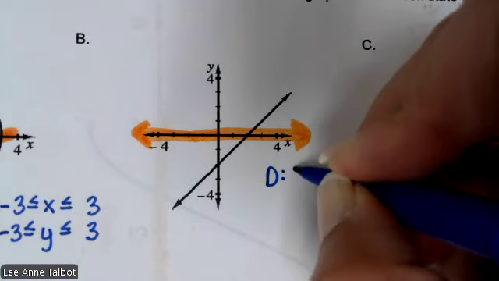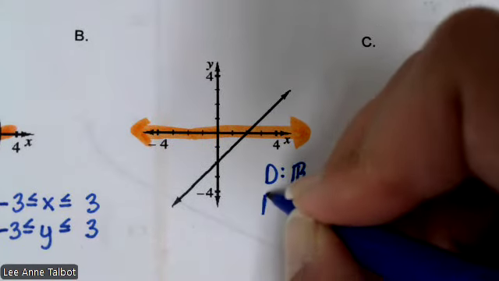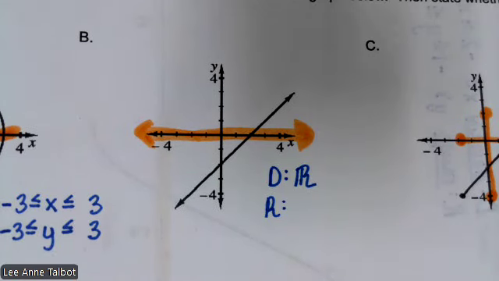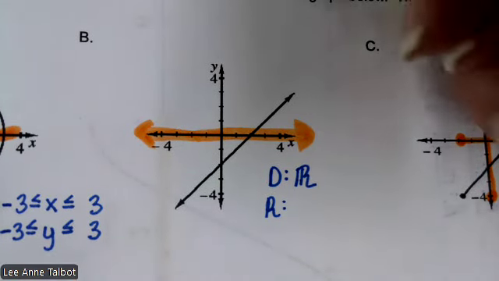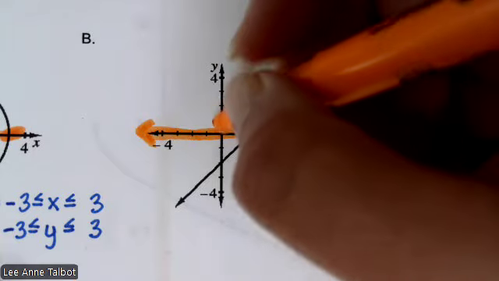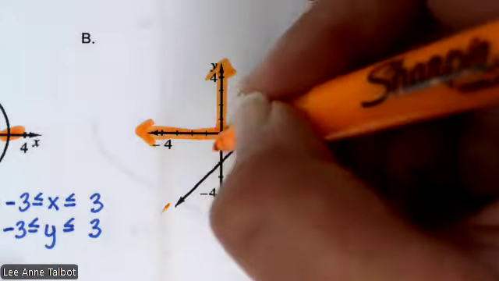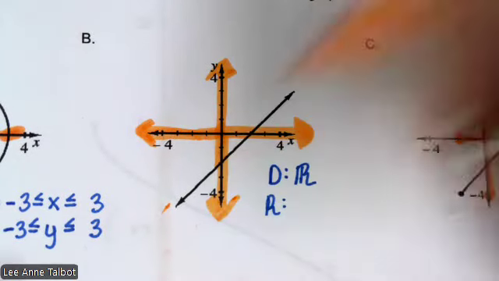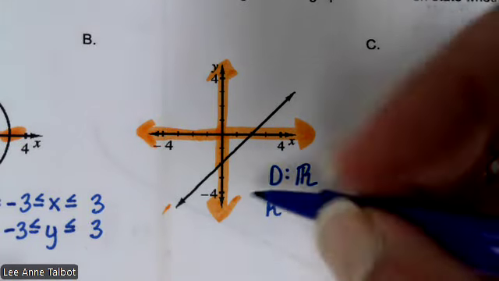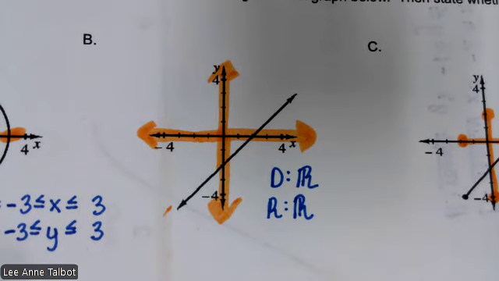Okay, when the whole x-axis is covered, we say all real numbers, which means everything. Okay, now for the range, is the whole y-axis going to be covered? Yeah, because you have the arrows going up over here, and the arrow going down over here. So you got the whole thing covered.